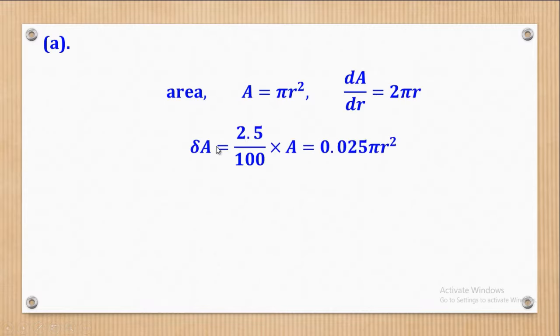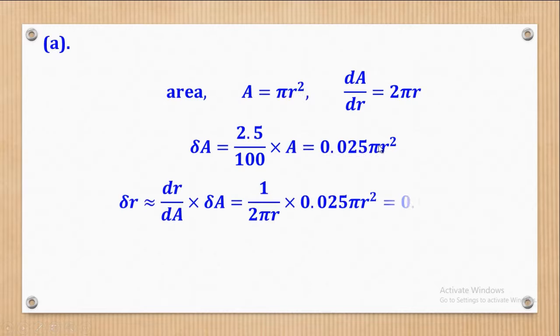And I know that the small change in area, remember I was given the percentage error in area which is 2.5%. Therefore the error in the area will now be the percentage, which is 2.5 over 100 multiplied by the total area, which is A. I know my A is pi r squared, so I substitute to get 0.025 pi r squared.